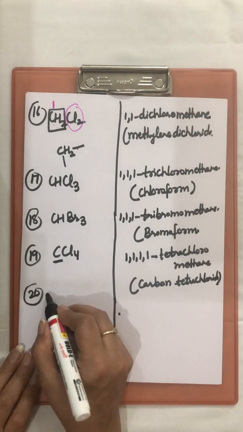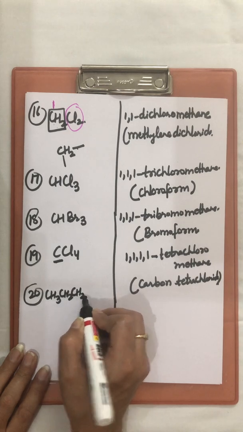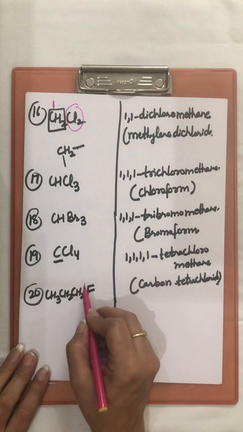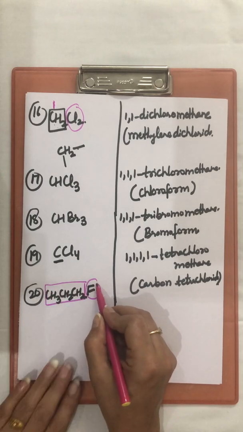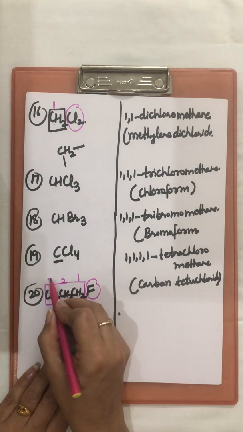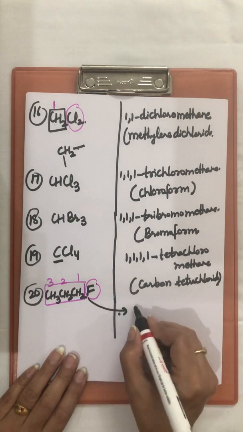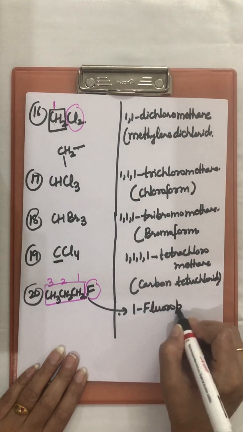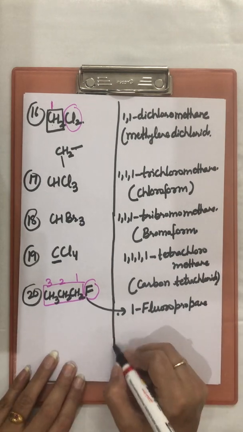Last example is this: in this compound there are 3 carbon atoms in a chain and one substituent is F, numbering from this side. So the name of this compound is 1-fluoropropane. And what is its common name?